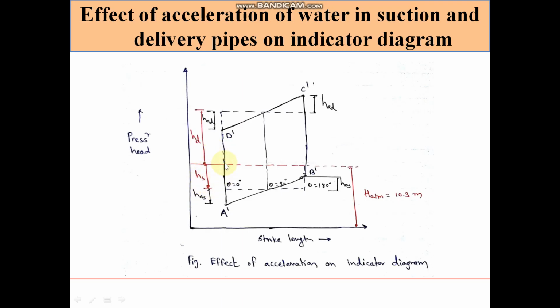So now the suction stroke is starting from point A dash, which is at a distance of HS and HAS.